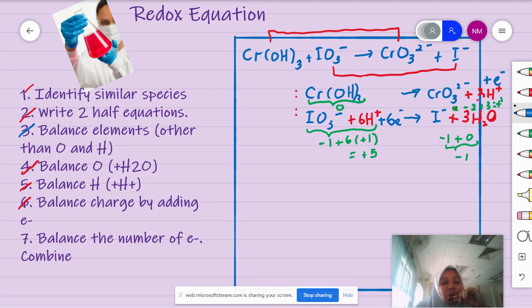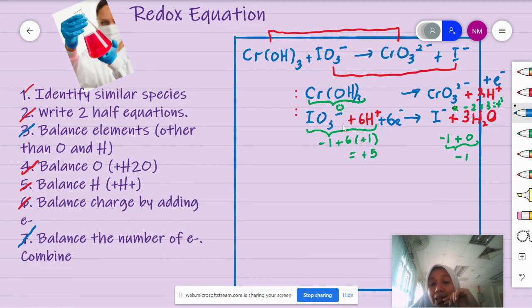Now let's have a look at the next step. It says balance the number of electrons and combine. How do we balance? The first one, look at my pointer, is 1 electron. And the second one is 6 electrons.